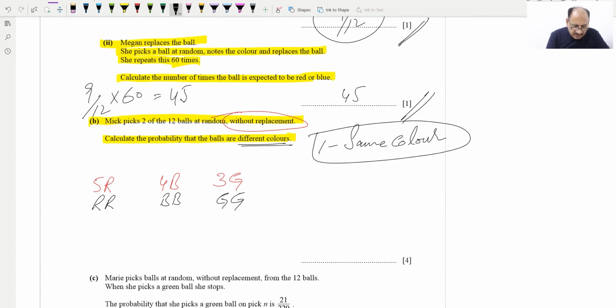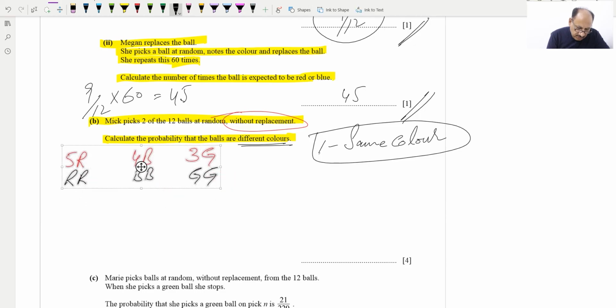These can be the same color probabilities. So basically what we need to calculate is 1 minus the probability of same colors, that is red plus blue plus green and green.